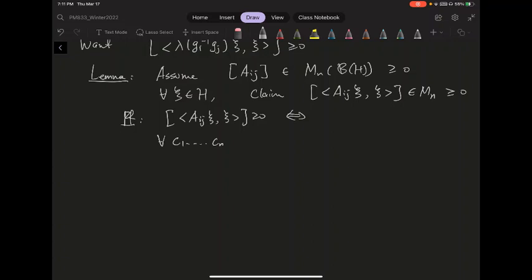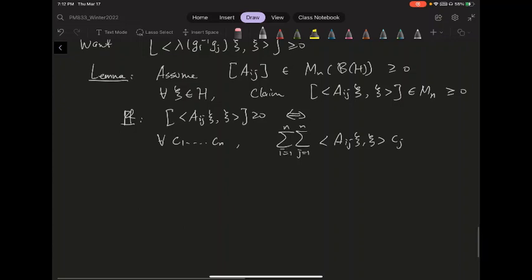So if you write it out, that's essentially saying that the double summation of i going from 1 to n, j also going from 1 to n, of the ij entry, Aij psi with psi, times cj and ci bar, is going to be positive.